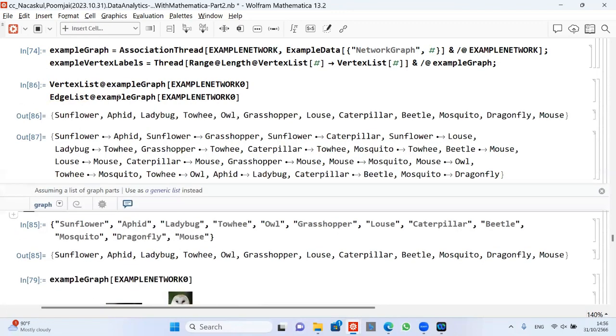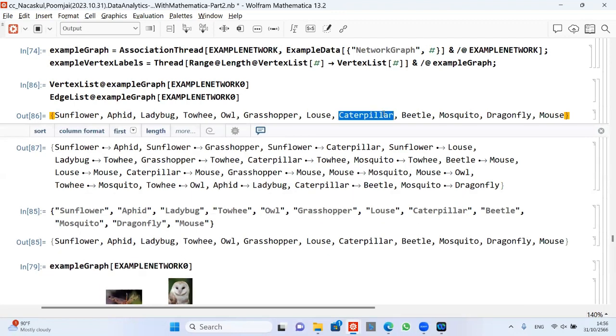Ladybug, chewy, I think that's a bird. Grasshopper, louse, that's the thing you don't want to get. Caterpillar, beetle, mosquito, dragonfly, and mouse. So this is the order that they come in. For some reason they put sunflower as the first one. Okay, fine.